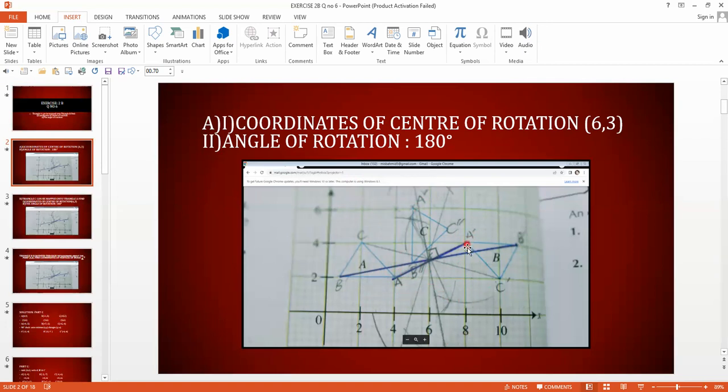Then you have to make this A dash a center again on the same radius which you have to open. You have to open more than half. You have to mark an arc upward and then you have to mark an arc downward. Now join these 2 points. Okay. So again, look here that this perpendicular bisector also intersect at the same point. That is on x-axis 6 and on y-axis it is equal to 3.